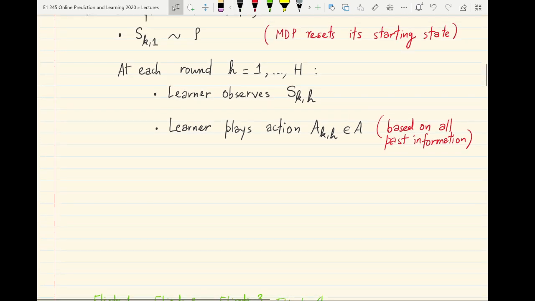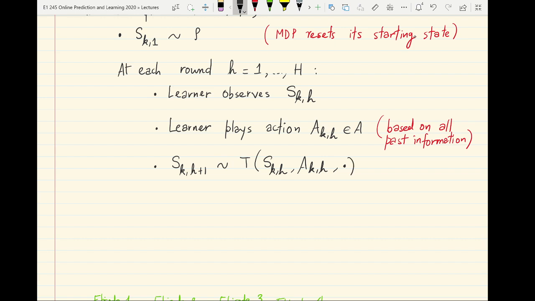After this, the MDP transitions in state. So, S_k,h+1 is drawn from the unknown state transition distribution of what happens when you play action A_kh at state S_kh.